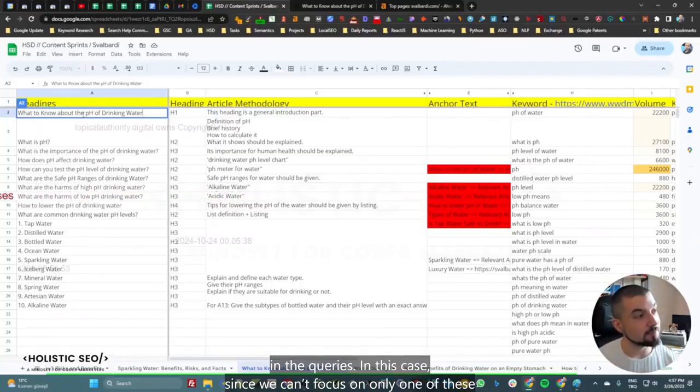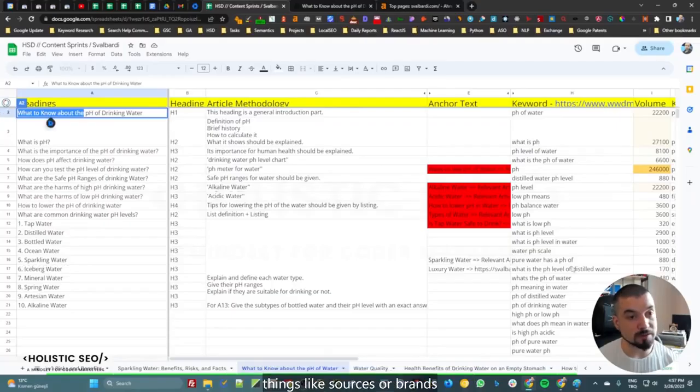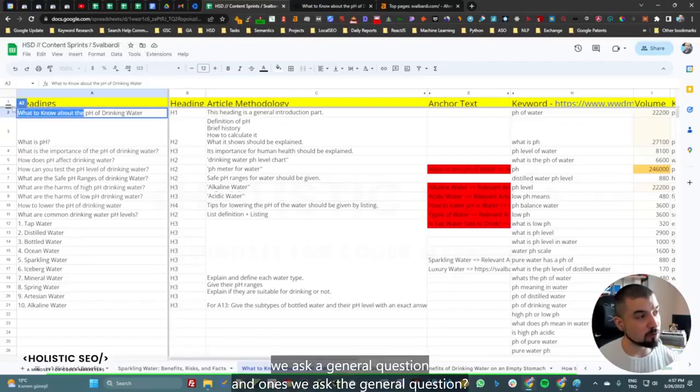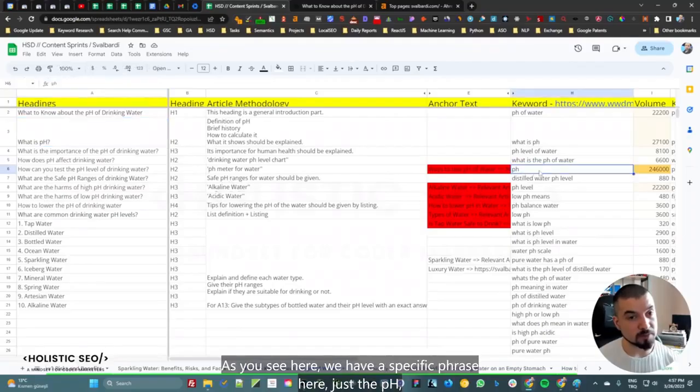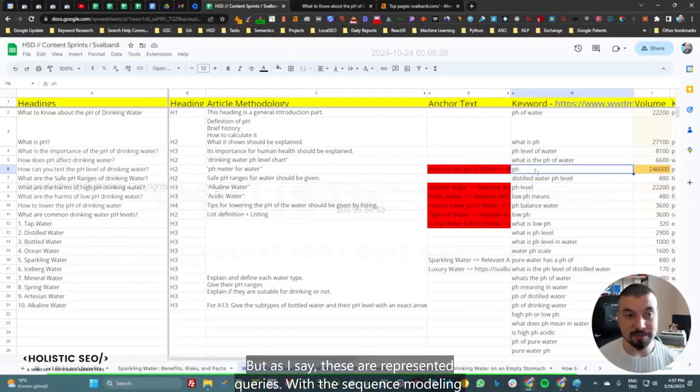In this case, since we can't focus on only one of these things like sources, brands, or benefits and risks, we ask a general question, and once we ask this general question, we start our specific contextual vector from the definition. As you see here, we have a specific phrase, just the pH, then the pH level. Even the water doesn't appear in this area, but as I say, these are representative queries.